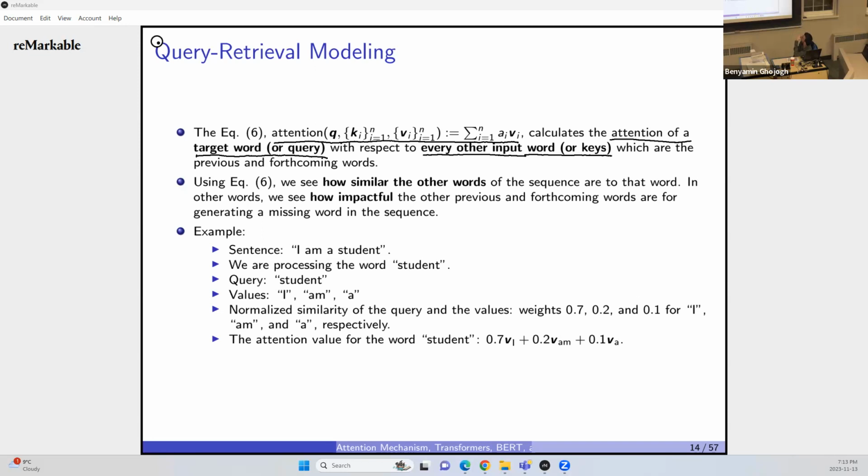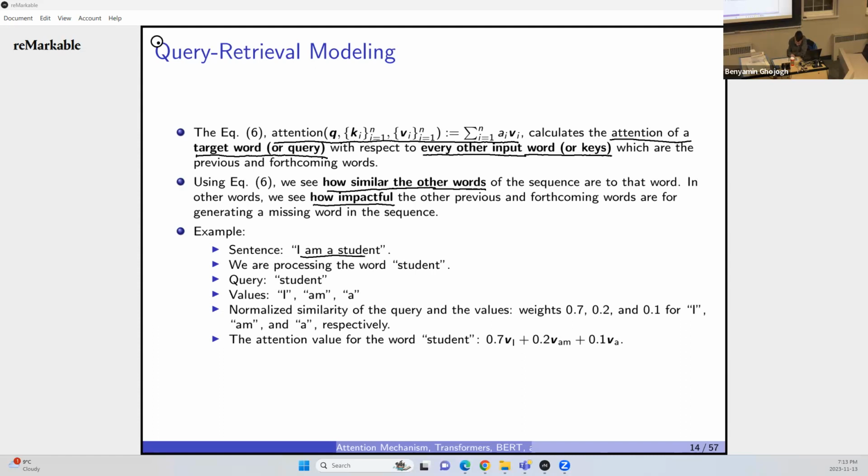By the way, when I say word, I mean the token in the sequence. It can be a pixel also. So using equations, for x6, we see how similar the other words of the sequence are to that word, in other words, how impactful the other words are on this word.